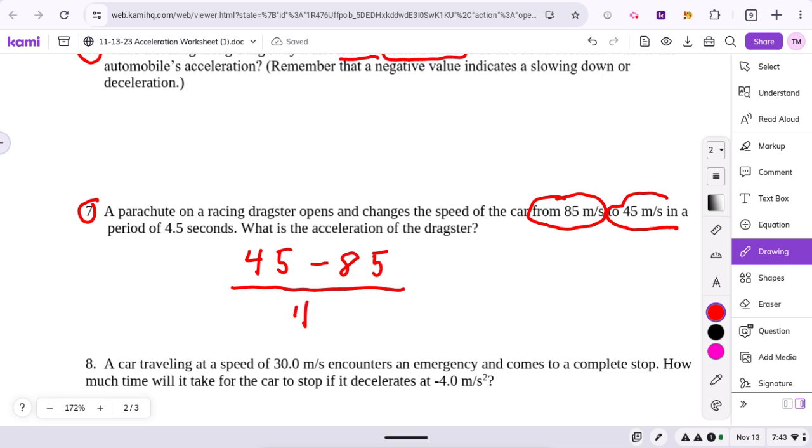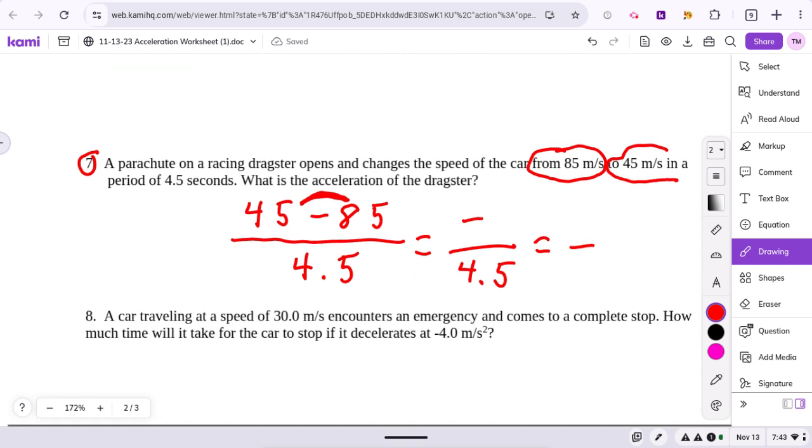And that takes 4.5 seconds. So when you subtract, you'll get a negative number. So subtract 85 and 45, find the difference, and then you'll divide by 4.5. So your answer will be a negative acceleration.